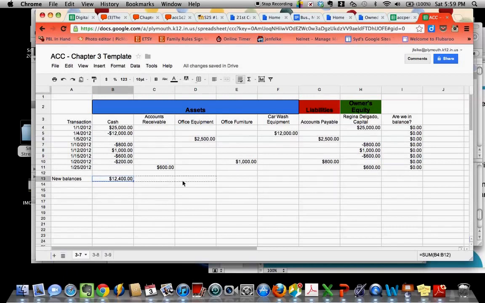We should be able to drag that formula all the way across. Those are all your new balances for those accounts after this group of transactions. And again, we should be able to copy that formula there. And the fact that we have zeros here shows that we had the right amount and the right increase or decrease going to each account.